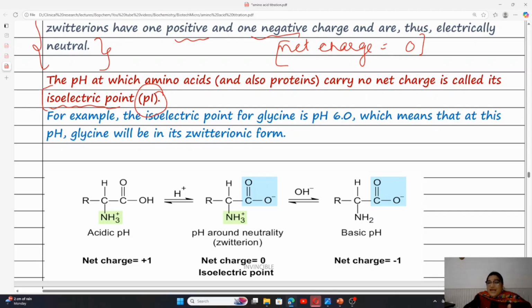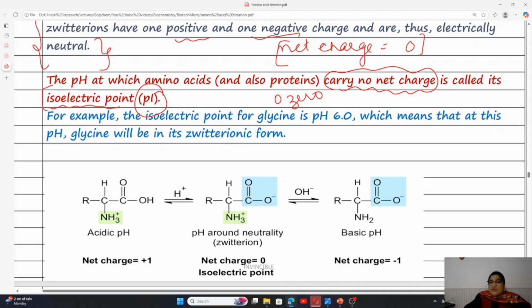So, what is isoelectric pH? The isoelectric pH is that pH at which the amino acid carries no net charge. There is no net charge. Net charge will be 0. All right.